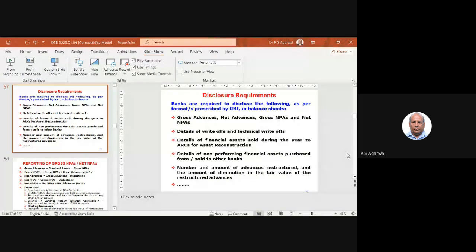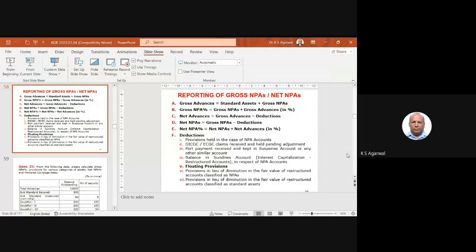Now, disclosure requirements: we have to disclose gross advances, net advances, gross NPAs, net NPAs, details of write-off, technical write-off, and so on. Now, this is important. How is gross NPA percentage calculated? Gross NPA percentage is gross NPAs divided by gross advances, multiplied by 100.